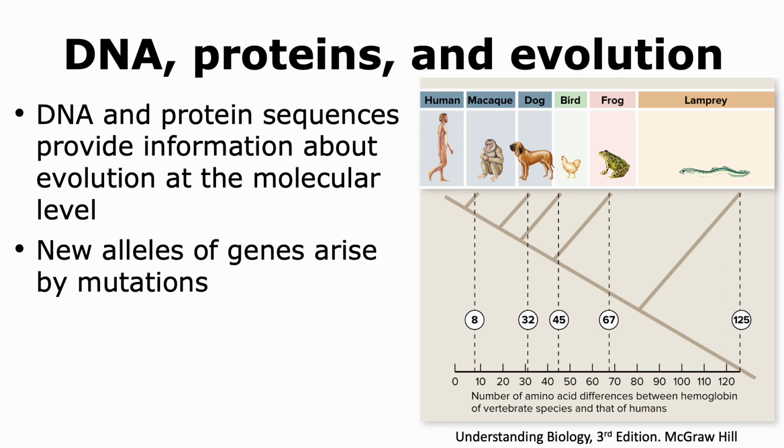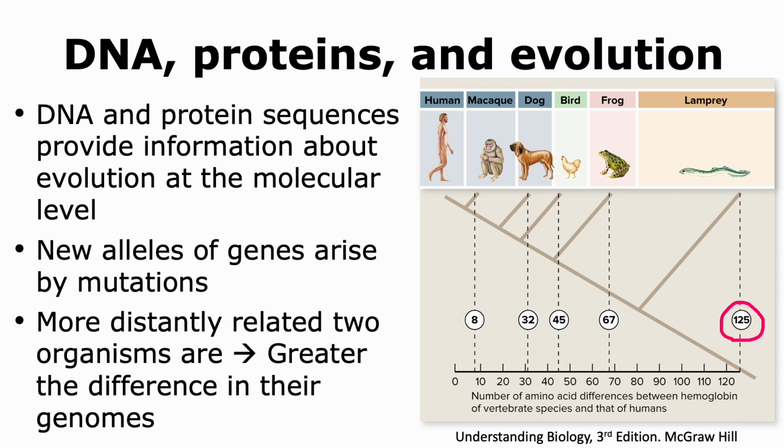For example, if we look at the amino acid sequence of hemoglobin between a human and a macaque, there is a difference of 8 amino acids. This small difference indicates that humans and macaques are more closely related to one another. On the other hand, when we look at the difference in the amino acid sequences in hemoglobin between human and lamprey, there are 125 amino acids that are different.